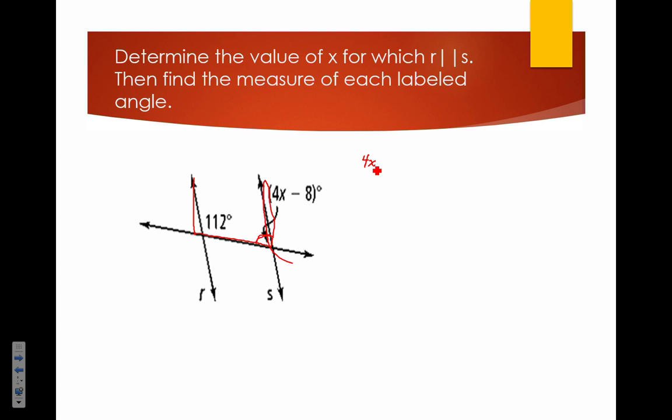So 4x minus 8 plus 112 equals 180 degrees. If I combine my like terms, negative 8 plus 112 is 104. So 4x plus 104 is 180.